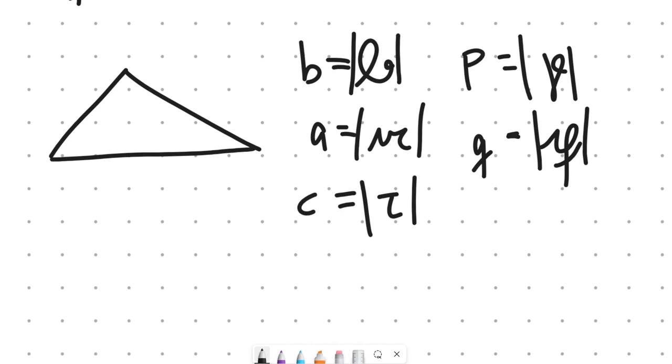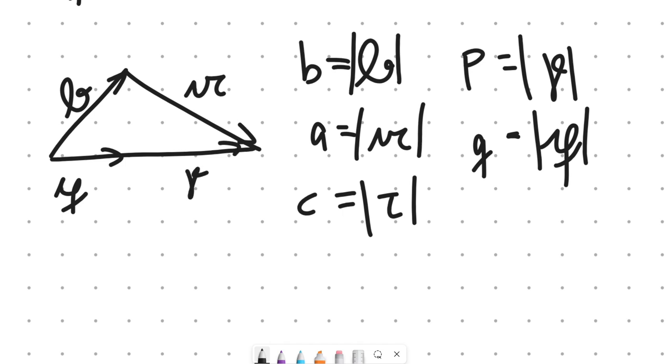Now, as you see, I'm going to put in the vectors. So let's say this is B, it's pointing in this direction, U is pointing in this direction, and Q, let's say Q is over here, so it's like this, and gamma is going to be like this.